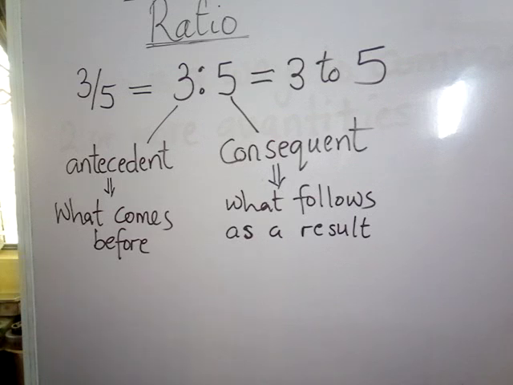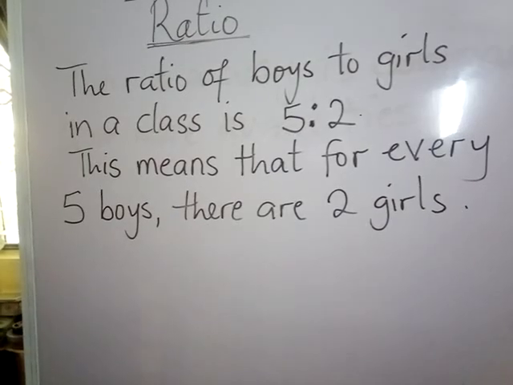Next, we'll be looking at how we can use ratio in our everyday lives, or in some scenarios we are faced with, and how we can use ratios to resolve them. Now let's see how ratio features.